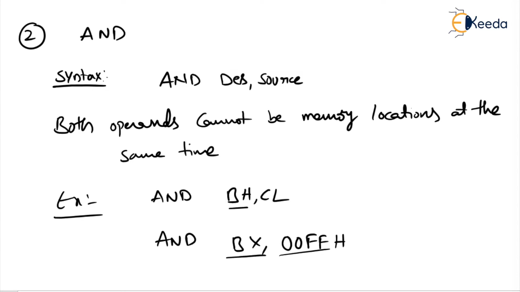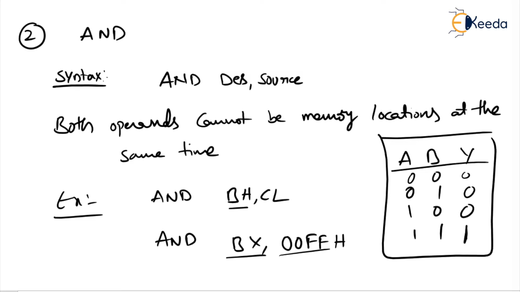Right? So what is the AND operation? A, B, Y: 0 0 0, 0 1 0, 1 0 0, 1 1 1. When both are 1, then only the output is 1. That is the AND operation. Suppose BX is 1111, and the other is 00FF.